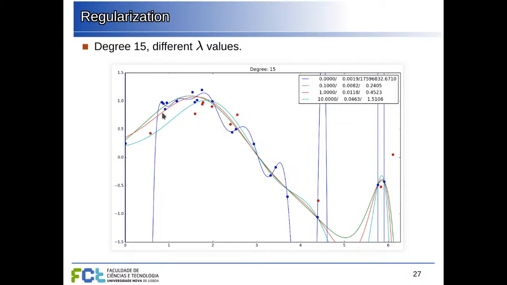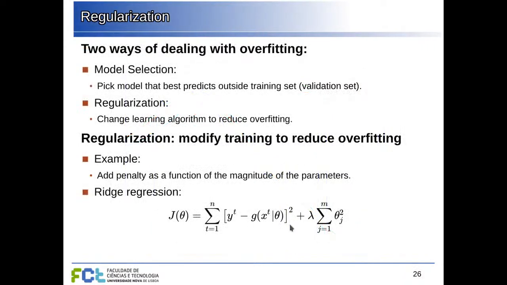And then by increasing lambda, the curve becomes more stiff, more hard to bend, and so it will no longer do these very far values, reaching out too far, and it will be mostly constrained by these points and not go too far from the data. So by adjusting this parameter, we can try to find the best value that minimizes our error outside the training set. By validation, we can try to fine-tune this parameter.